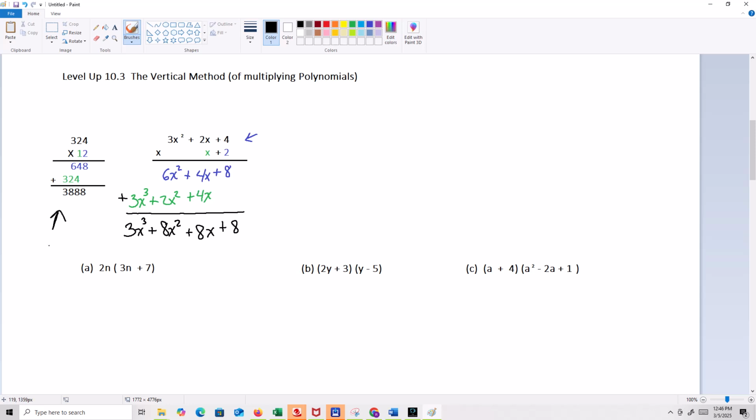All right, so using that method for example A, we would line them up, 3n plus 7 times 2n. 2n times 7 is going to be 14n.